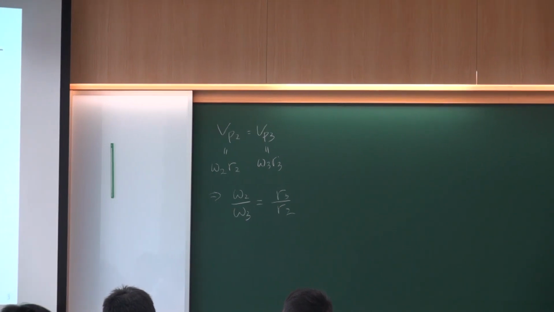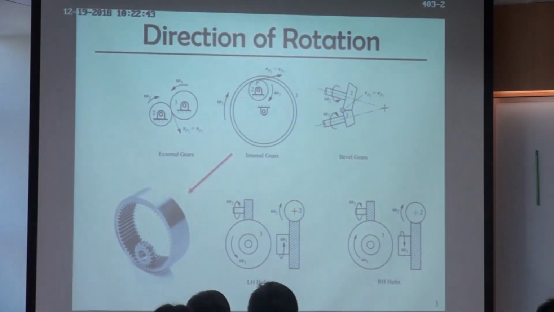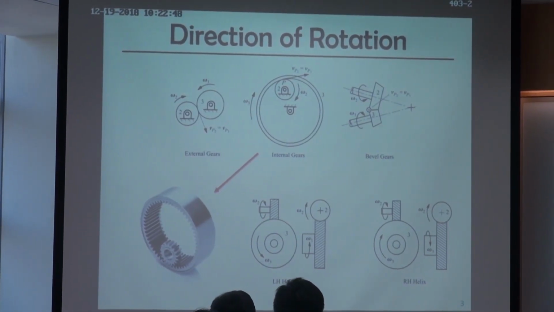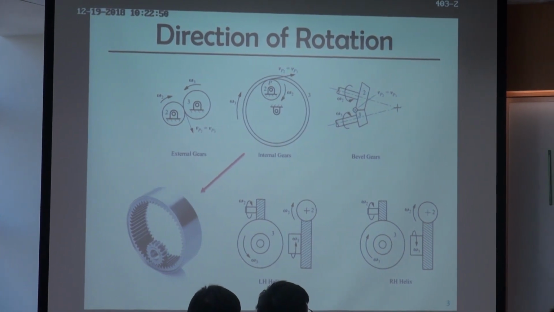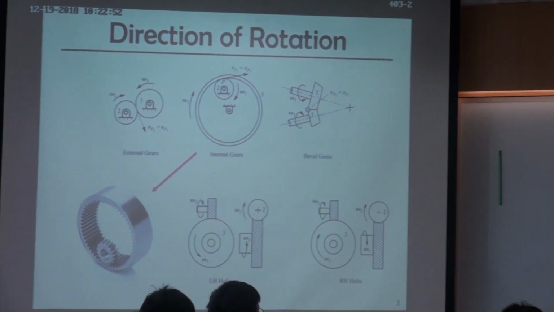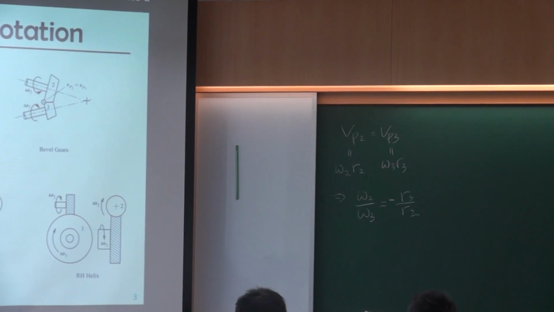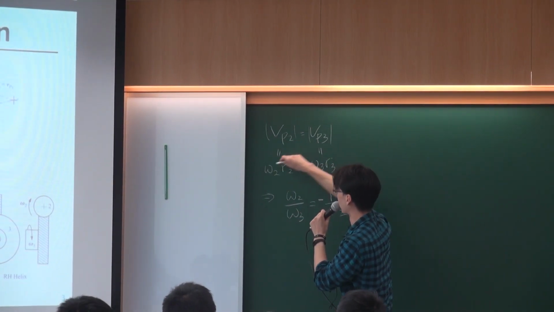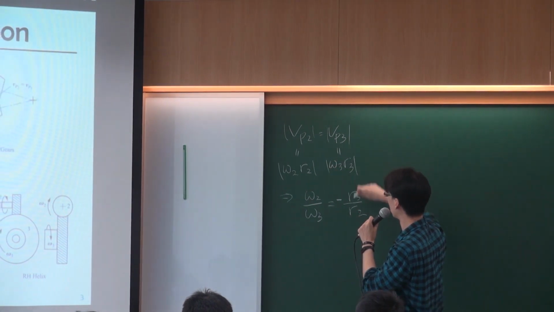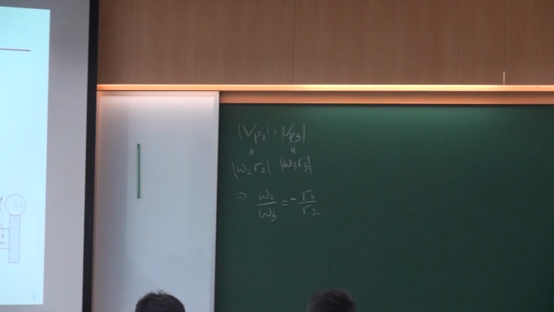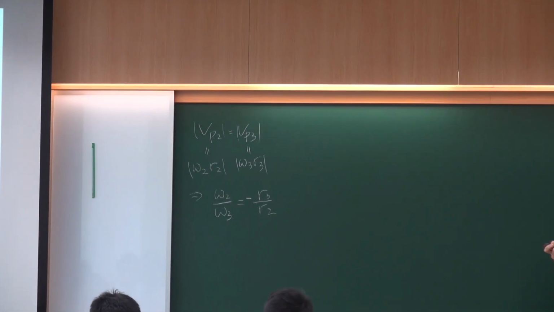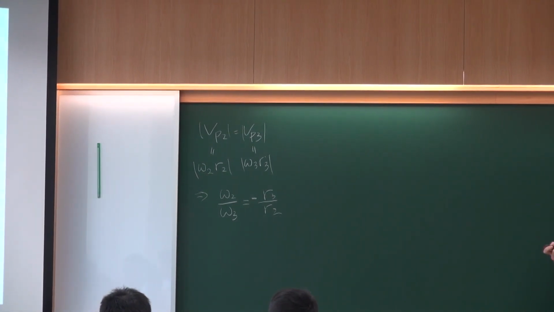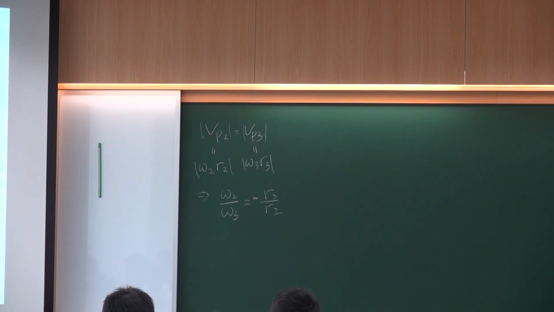If omega 2 is rotating clockwise, then omega 3 is rotating counterclockwise. So you may put a negative sign here. When I wrote this equation, I didn't put any sign, but you can observe that according to their arrangement, they should rotate in a reverse direction.